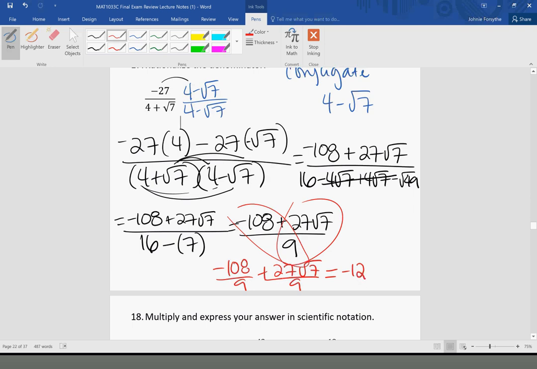And then 27 divided by 9 is 3, so I have 3, and then I have the root 7. So that's going to be my final answer: negative 12 plus 3 root 7.